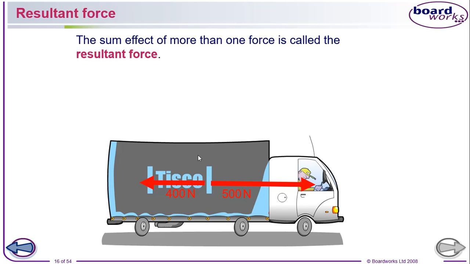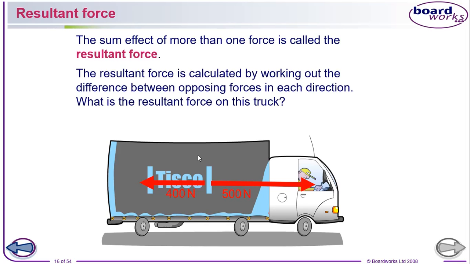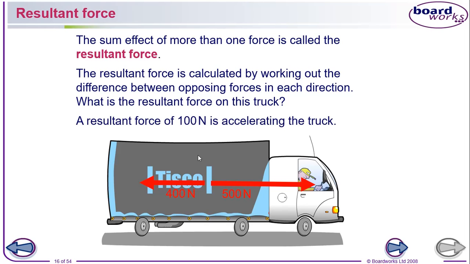So the resultant force is going to be 100 newtons, and this truck is going to move more towards the right-hand side. So this means that this truck is going to speed up. Or in other words, we can say accelerating. Accelerating means that the vehicle is going to speed up.